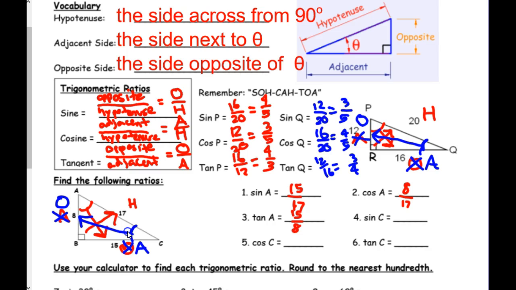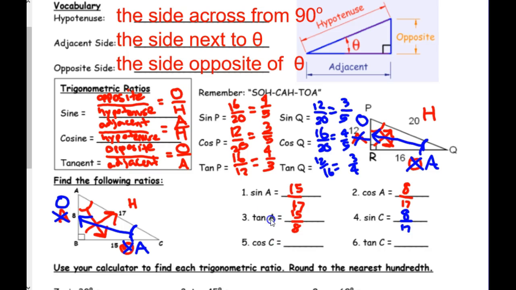All right, well then, what would I put for sine of C? Sine C, what over what? Good. What would I put? Perfect. 8 over 17. Exactly right. Anyone else? How about over here? You want to help me out on the next one? Cosine C. Cosine is what over what?